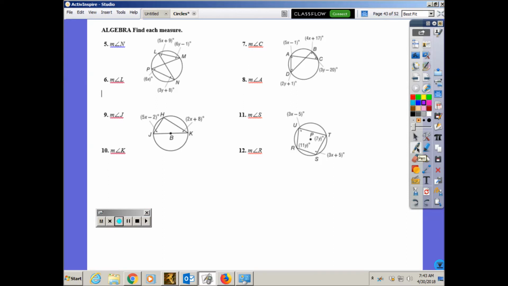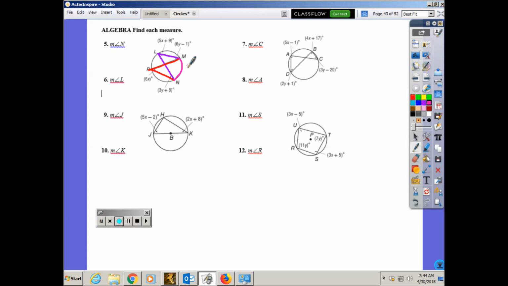One of the types of problems we had was understanding that if two angles, for instance angle MLN and angle MPN, both are inscribed angles and both intercept the same arc, then the two angles are congruent. So we can see MLN and MRN are congruent because they both intercept the same arc.